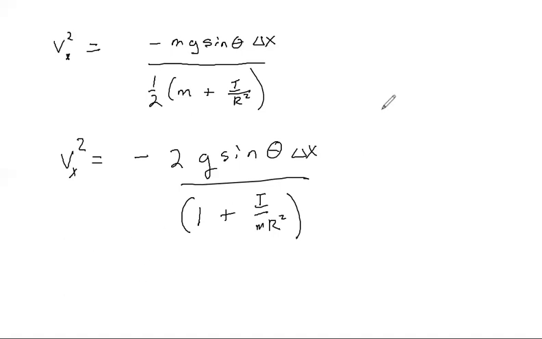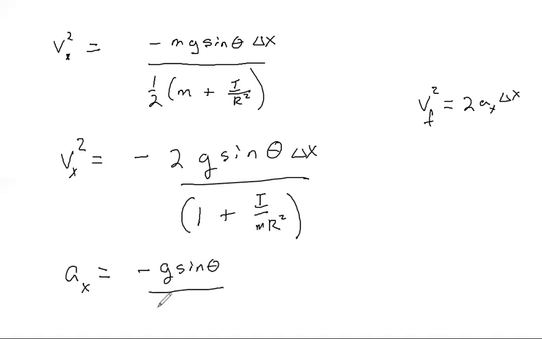And using the fact that from kinematic equation 3, since it starts from rest, I know that the final velocity squared should equal twice the acceleration times delta x, the acceleration in the x direction. I conclude that the acceleration in the x direction equals minus g sine theta divided by 1 plus I over m r squared.